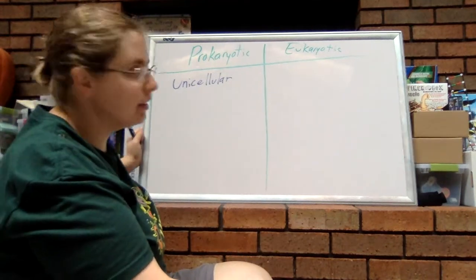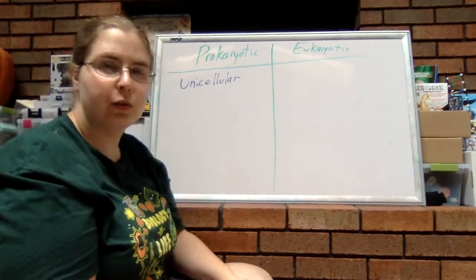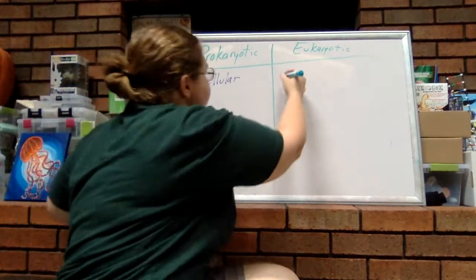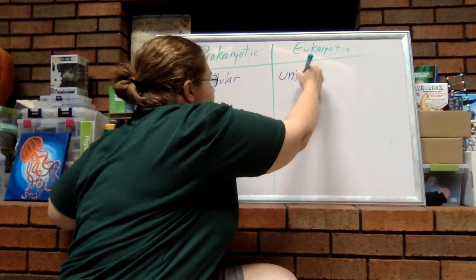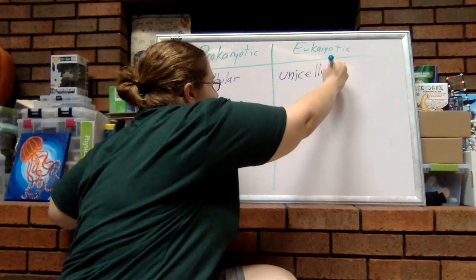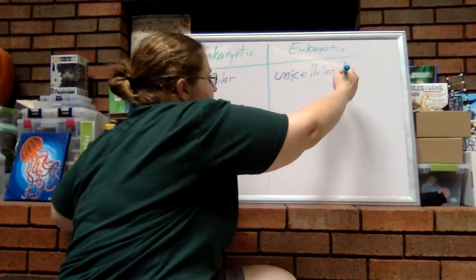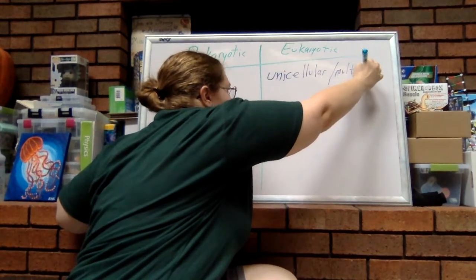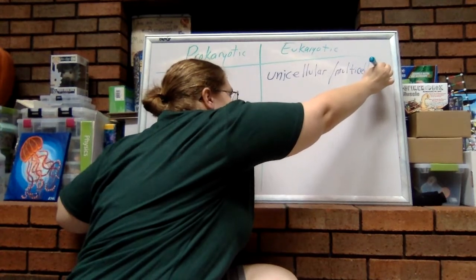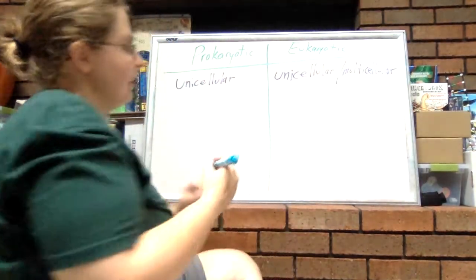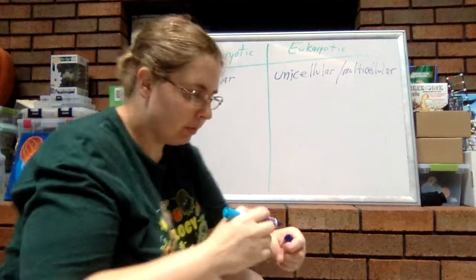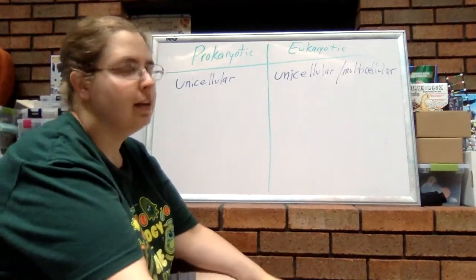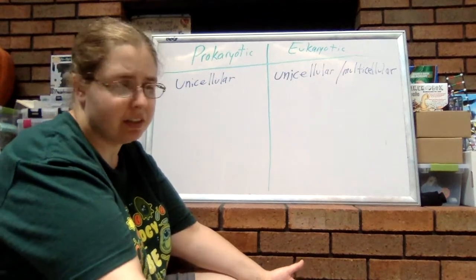On the other hand, eukaryotic can be unicellular or multicellular. So there are eukaryotic organisms that are made up of many cells, and there are also eukaryotic organisms that are just a single cell.